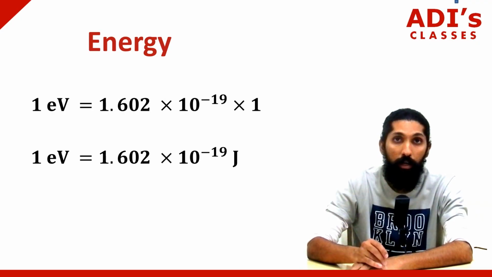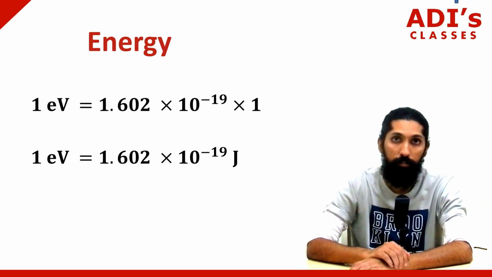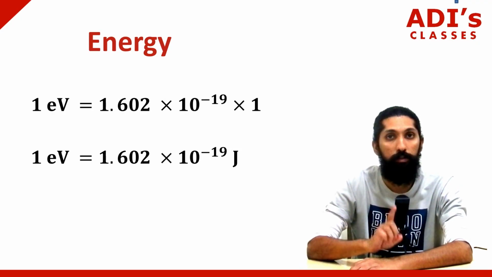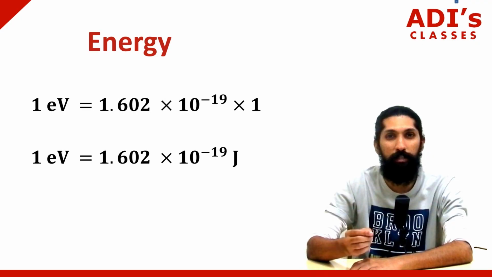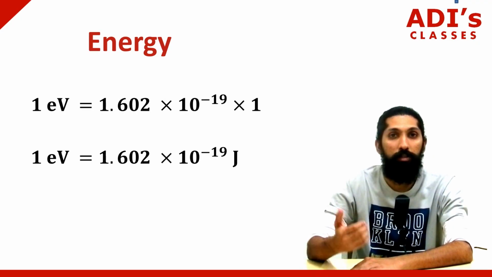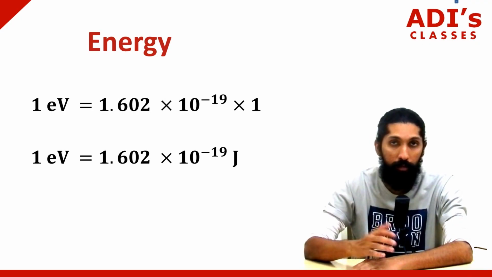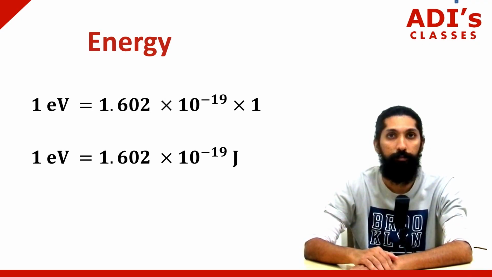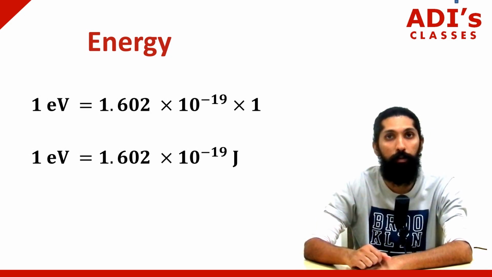So you will get 1.602 into 10 power minus 19 joule. This is what we call 1 electron volt. Fair enough? But it's a very small quantity, right? So generally you will have it in terms of mega electron volt or giga electron volt. But let's talk about AMU because that's what we are more concerned about.